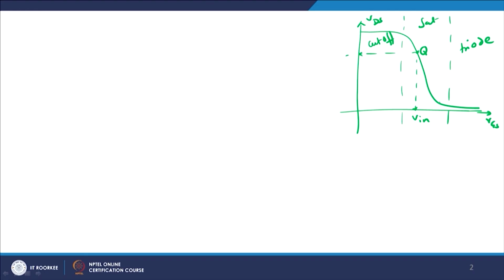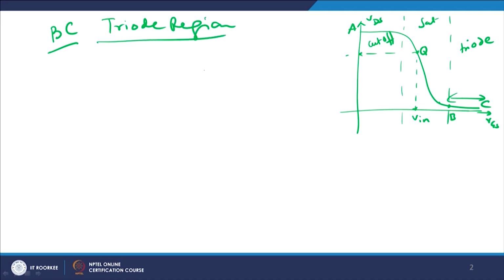Let us suppose this is point B and this is C, this is A. Let me discuss the region BC, which is actually the triode region of operation. In the triode region, if you see very carefully, the input voltage is obviously larger than the threshold voltage, because the threshold voltage VTH is somewhere here.